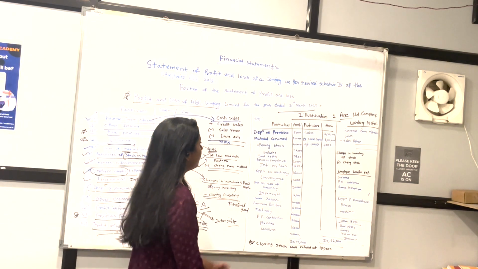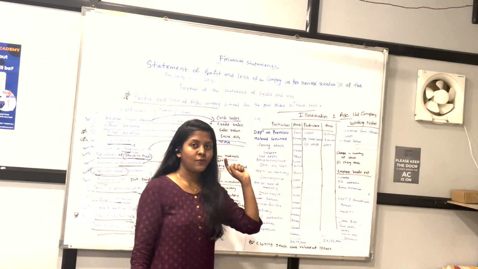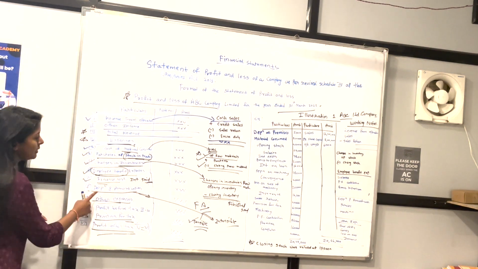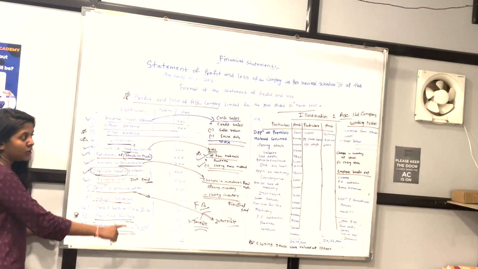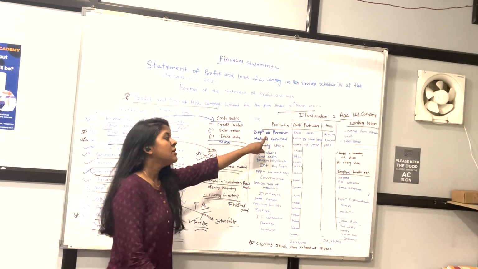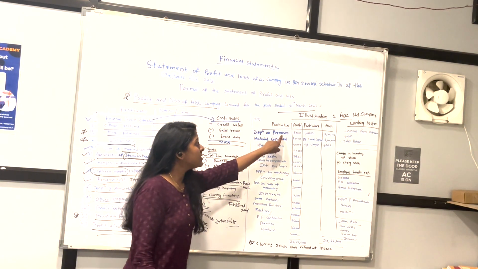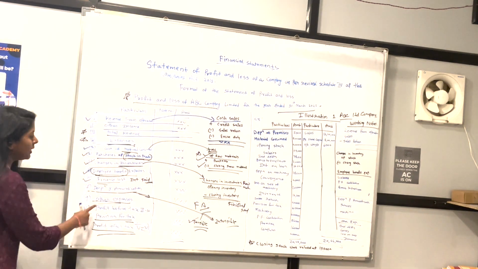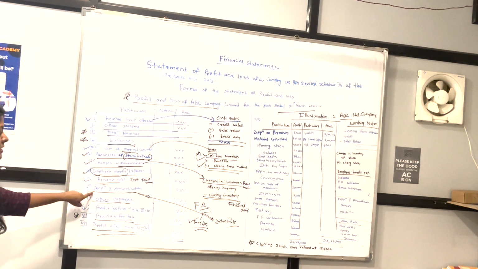Now first, the depreciation on premises. Where will this go? This will go in depreciation and amortization, because they have given depreciation directly here. It means they have provided depreciation on premises, so that will go under the head depreciation and amortization.